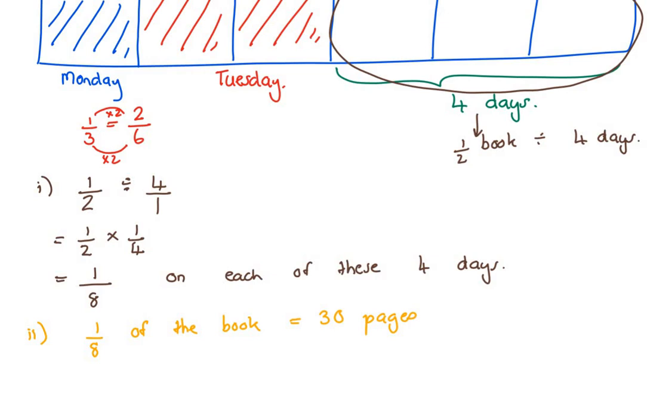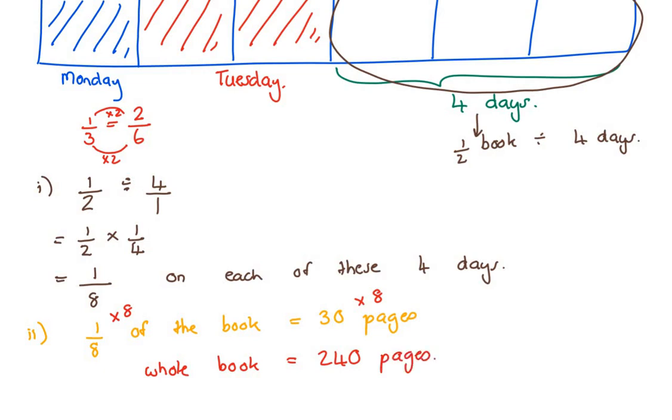So if you wanted to find out what the whole book was, I could basically say, well, I have 8 eighths. I have 8 sets of these. So the whole book, I could multiply by 8, and I could get 240 pages.